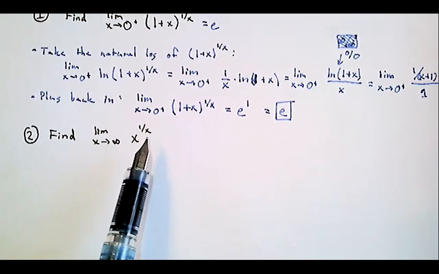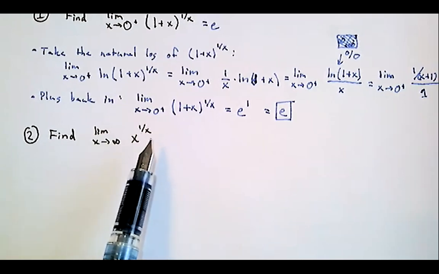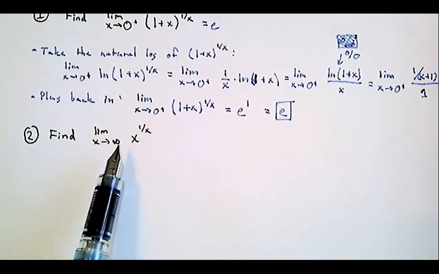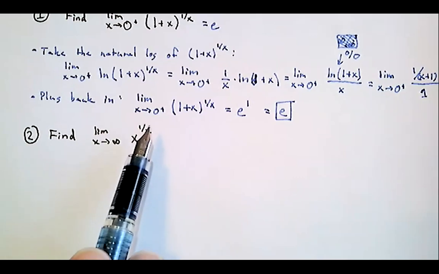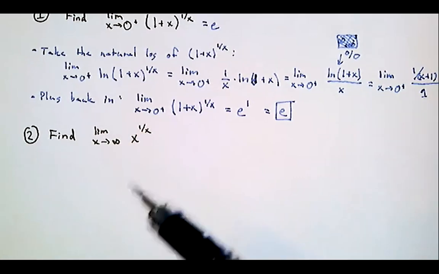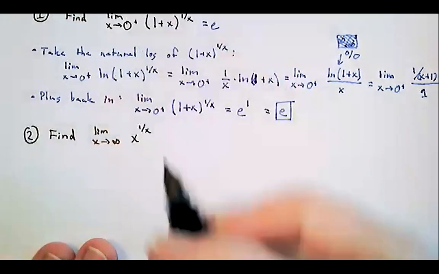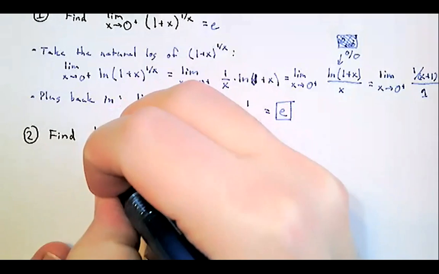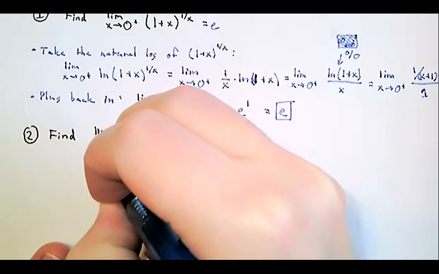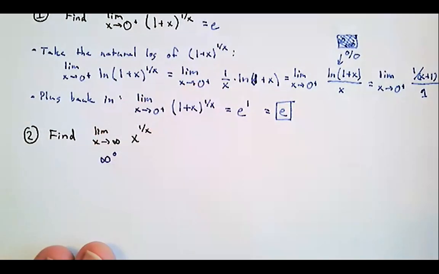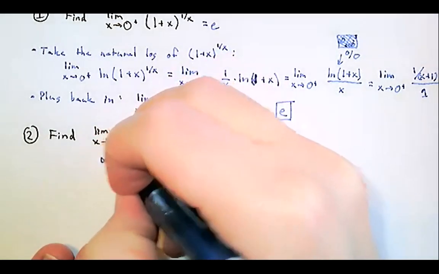And then the exponent, the 1 over x, that's going to be getting smaller and smaller as we plug in large numbers. So this is going to 0. And this is the other indeterminate power form. I didn't mention it at the top. This is an infinity to the 0 indeterminate.